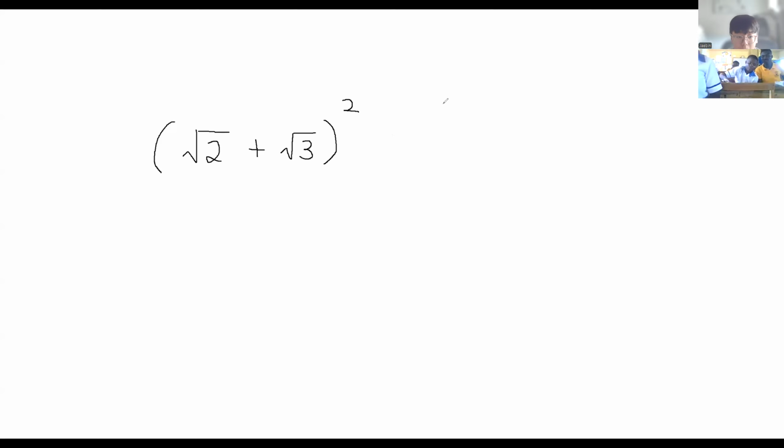Whenever we have two terms inside that are squared, there's this equation: a plus b squared is equal to a squared plus 2ab plus b squared.